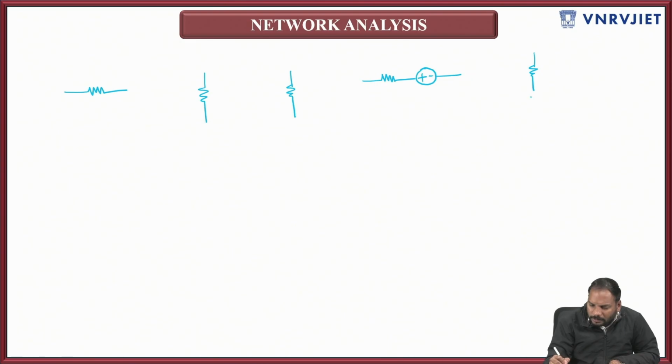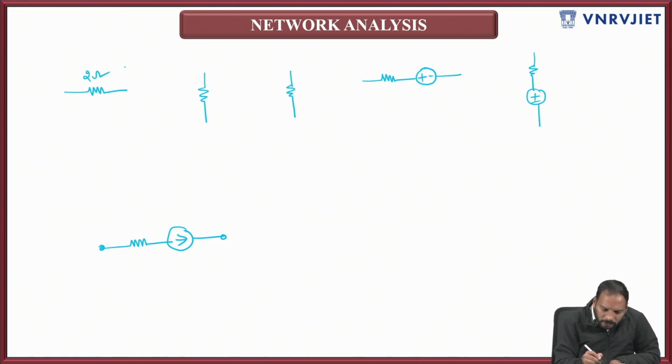A resistor and a voltage source, similarly a resistor and a current source, given like this. I have given the resistor values as 2 ohm. Let us take all similar values, need not worry about them. Take this as 10 volts, and take this as 5 volts.